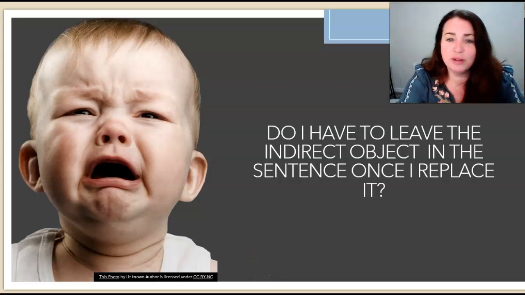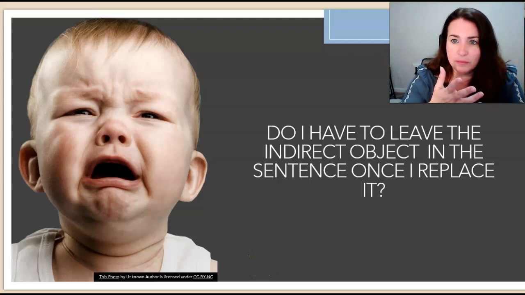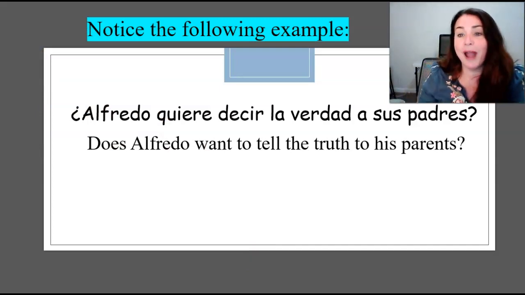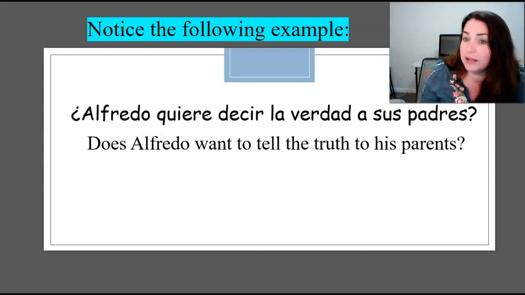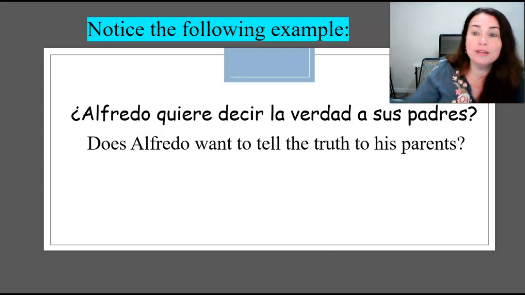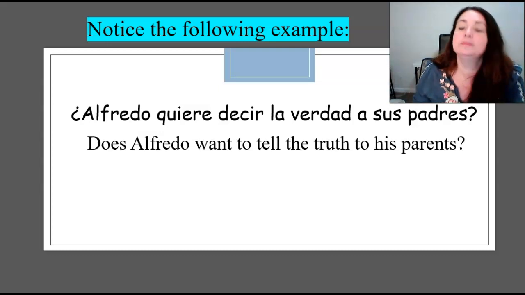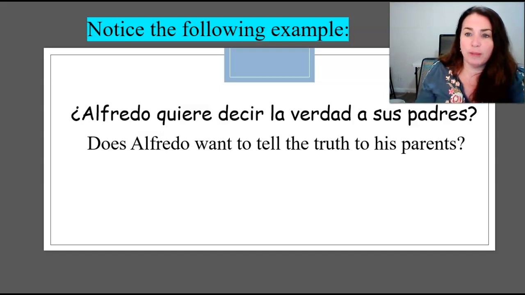Do I have to leave the indirect object in the sentence once I replace it? Like the they at the end or the them? Alfredo quiere decir la verdad a sus padres? Does Alfredo want to tell the truth to his parents? So if we're asking something or telling something, and we already know in the sentence, in the paragraph, in the conversation to whom we're talking, we've already established that. Everybody in the room, everybody who's listening knows we're talking about the parents.